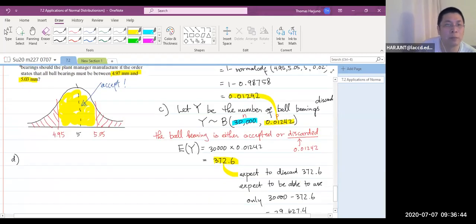So let's see. What is the probability or the portion? We need to first, for step one, find the portion in between 4.97 to 5.03. Let me ask you to compute that.